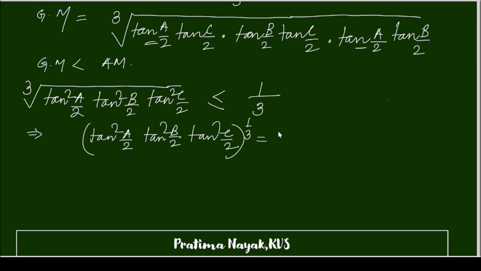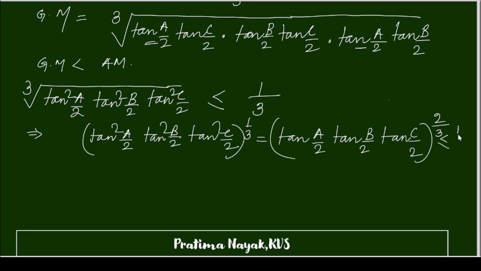This is the same as tan A by 2 tan B by 2 tan C by 2 whole power 2 by 3, which is less than or equal to 1 by 3.